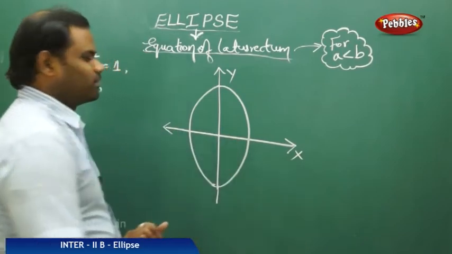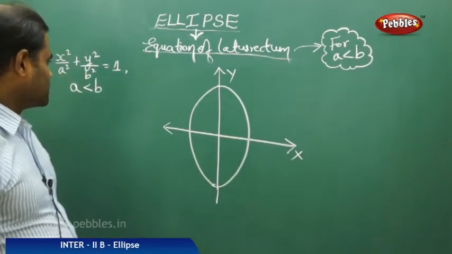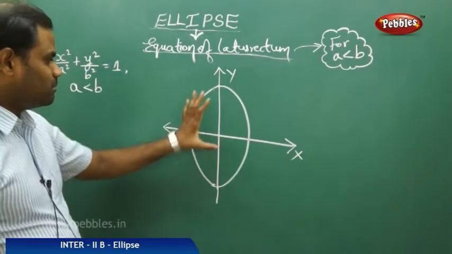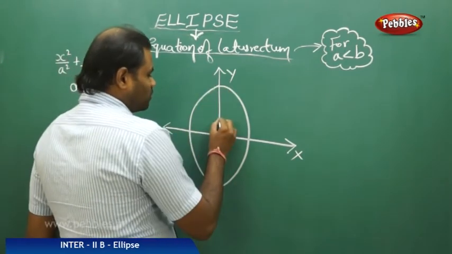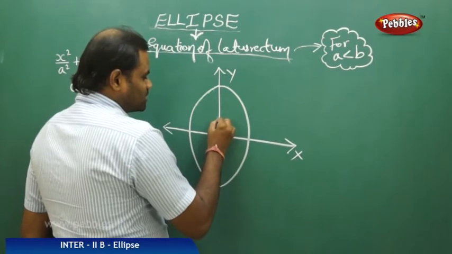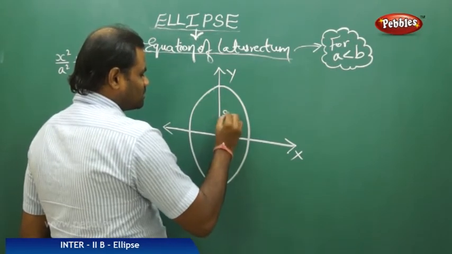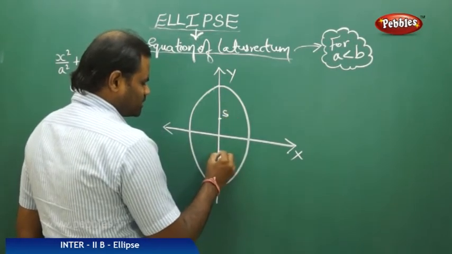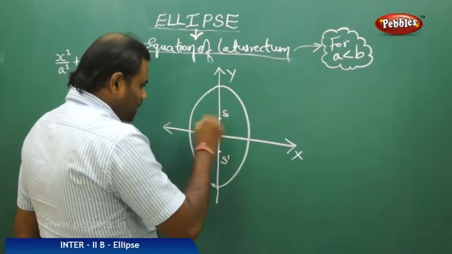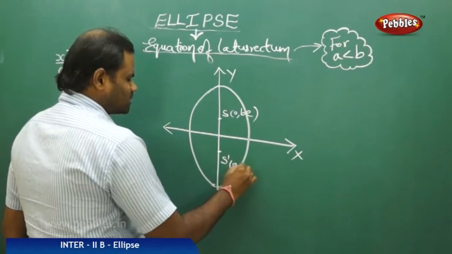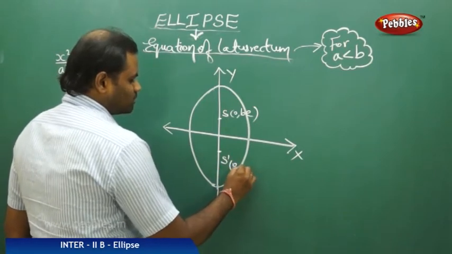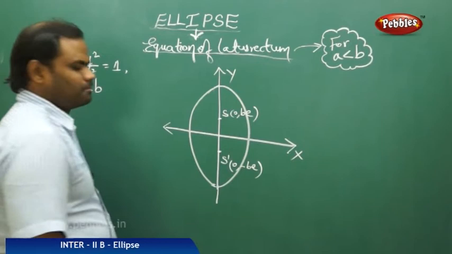Y is what we get. Now because A is less than B, we have the ellipse with major axis on y-axis and minor axis on x-axis. Therefore the focus shifts to y-axis as S and S dash. And the coordinates of S are (0, be), and this is (0, minus be).